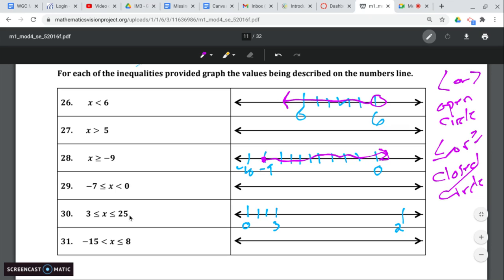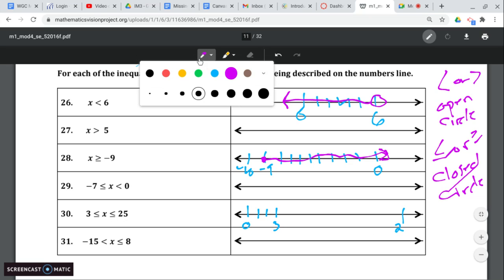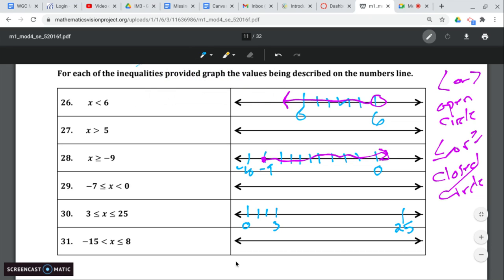All right, the next one we're doing. So here we have a low end and a high end. So it's saying 3 is less than or equal to x is less than or equal to 25, which means 25 is on the high end. And 3 is the low end of this because x is in the middle.